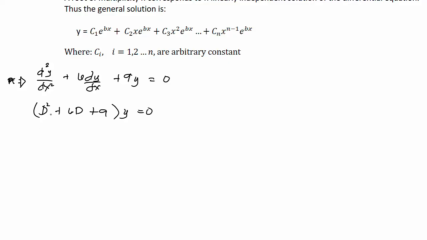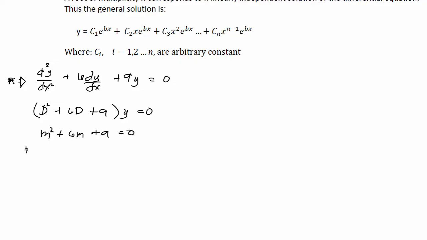Then we need to transform it into an auxiliary equation. So we have m squared plus 6m plus 9 is equal to 0.